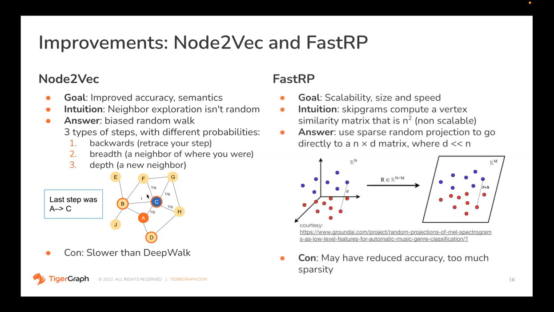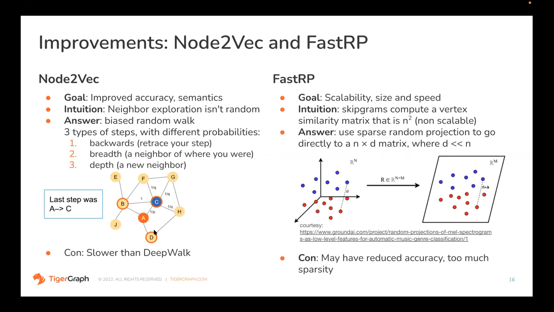So by paying attention to what direction you're going, you can get a more accurate embedding, an embedding that models your graph better. But this is slower computationally, and most people found they actually want speed. So FastRP was invented, which is more scalable and faster.